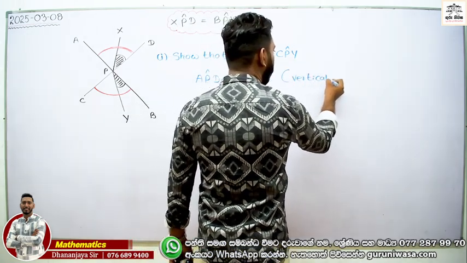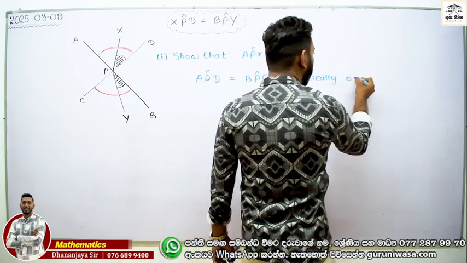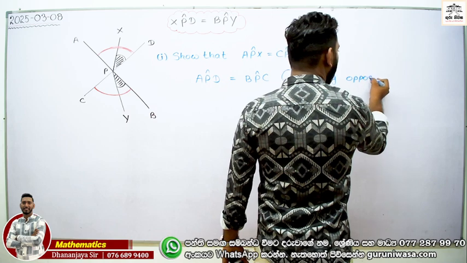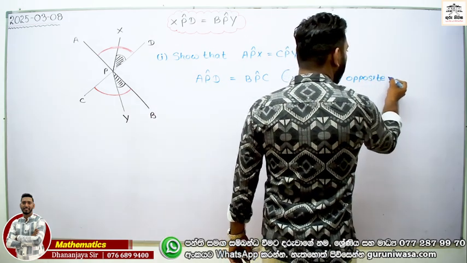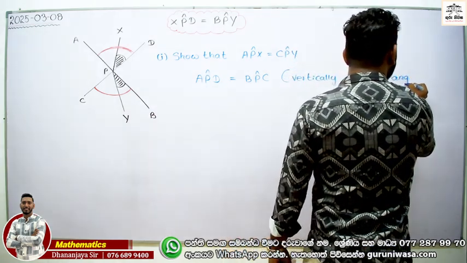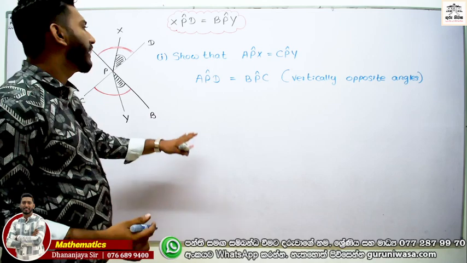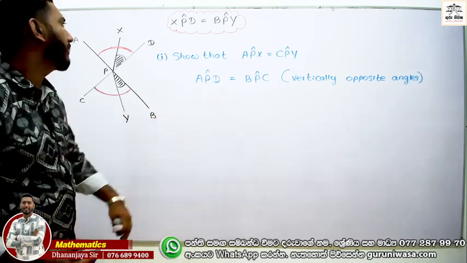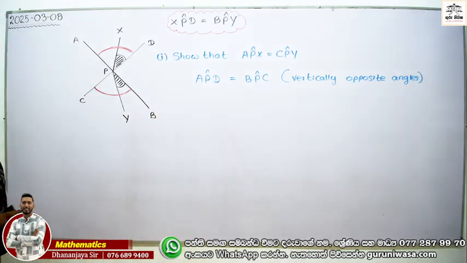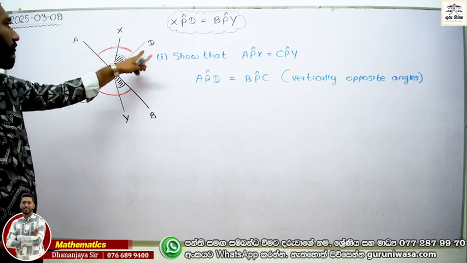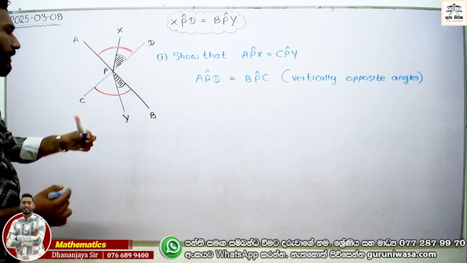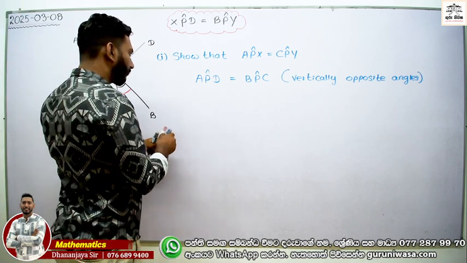Vertically opposite angles. That's the reason. Now we know APD is equal to BPC. Now I am going to subtract XPD from the APD. Now look at that.